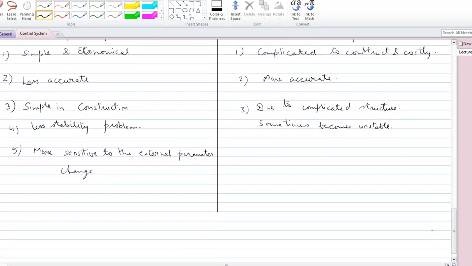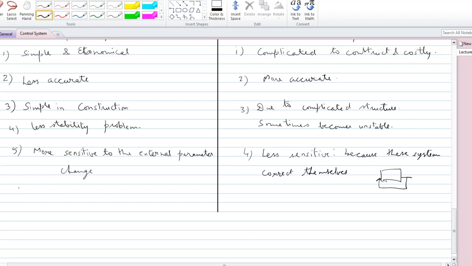So these are more sensitive to the external parameter changes, and these are less sensitive because these systems correct themselves, as there is feedback provided from this output to the input side.